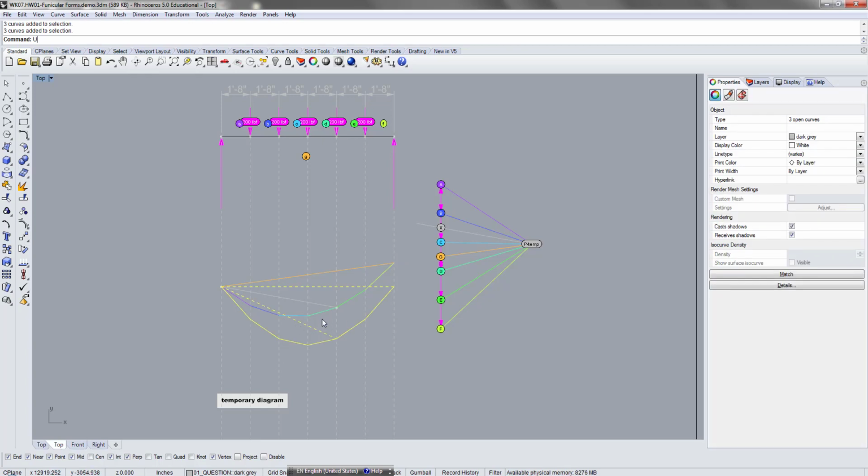Out of this, what we know for sure is the geometry of the closing line and that line, right?